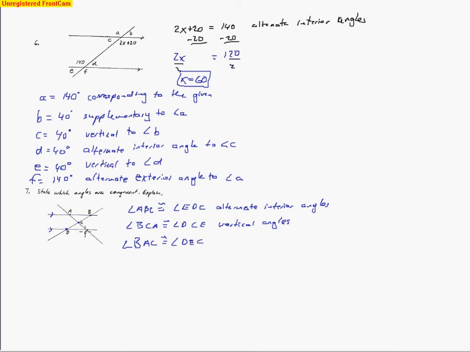So DEC is the same as BAC. And that is due to alternate interior angles. So those are the types of problems you're going to see on your homework. Good luck.